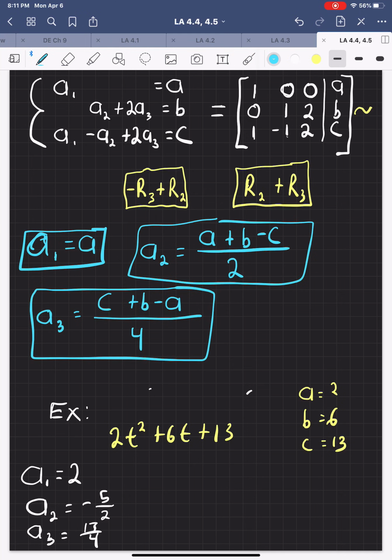So 2 times, now what do we have in the place with the new basis where we used to have a t squared? Well, now it would be t squared plus 1, minus 5/2 t minus 1, plus 17/4 2t plus 2.